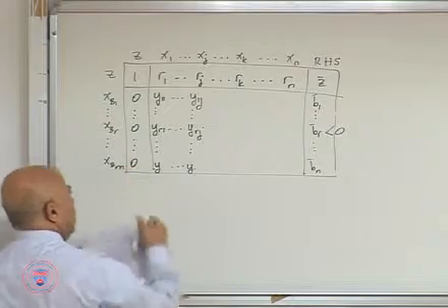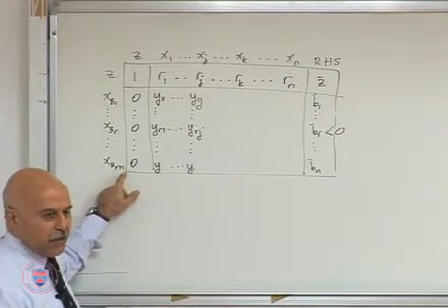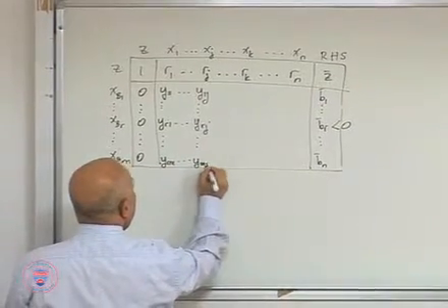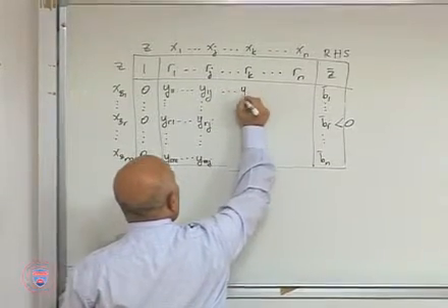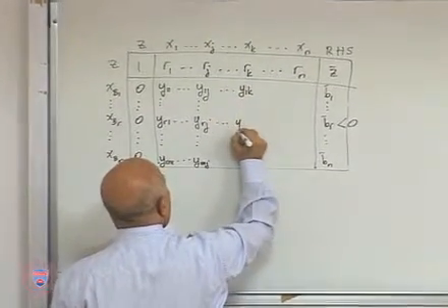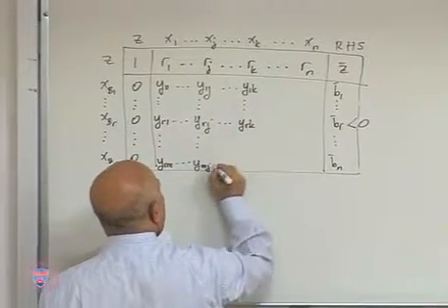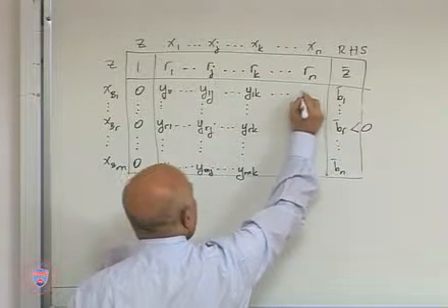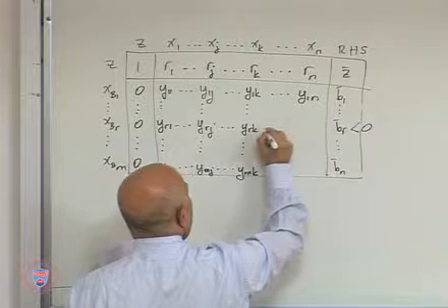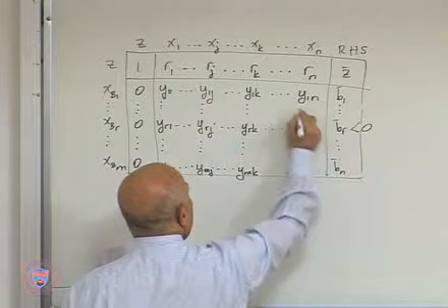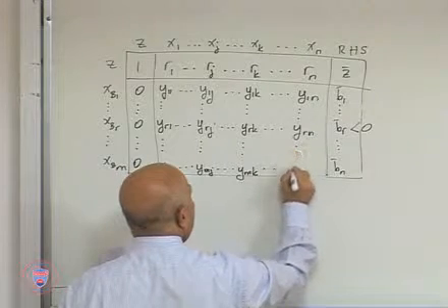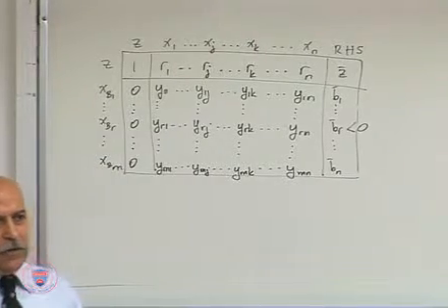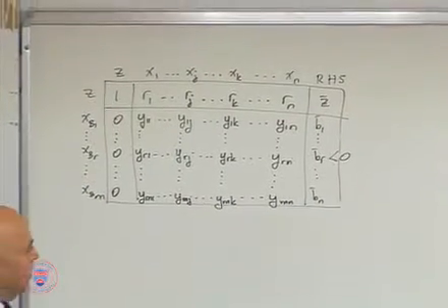Change this to BM, I made a mistake here, so that's an M. All right, that's the tableau. The y vectors are the B inverse times the original aj column.